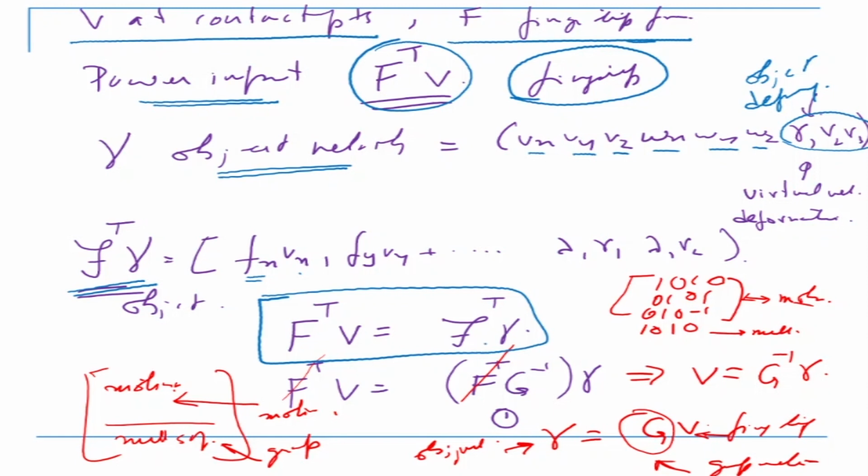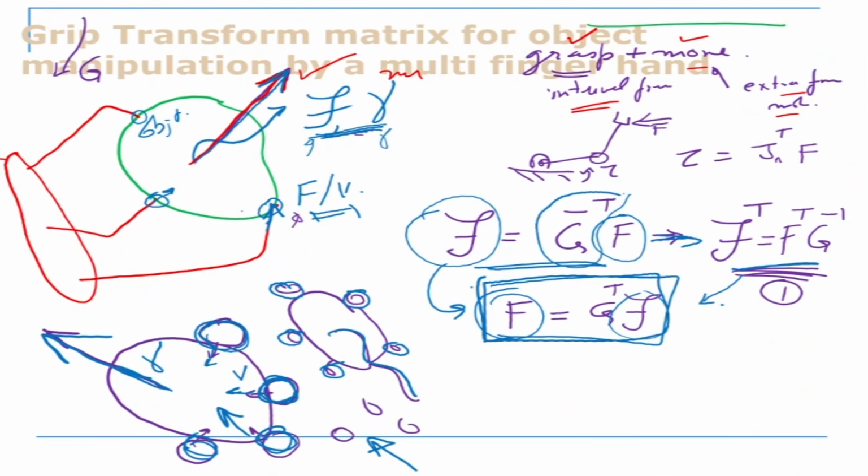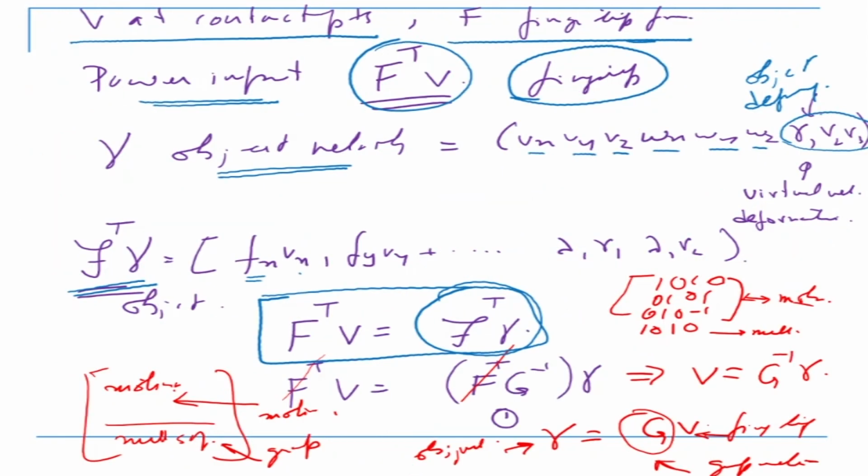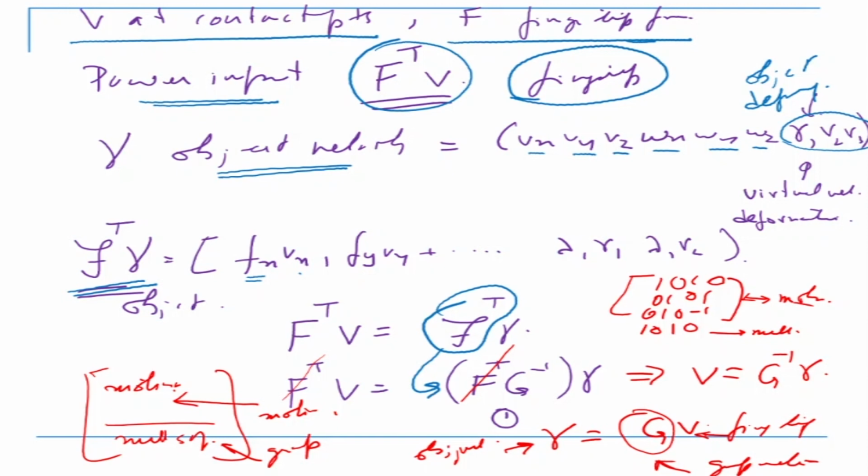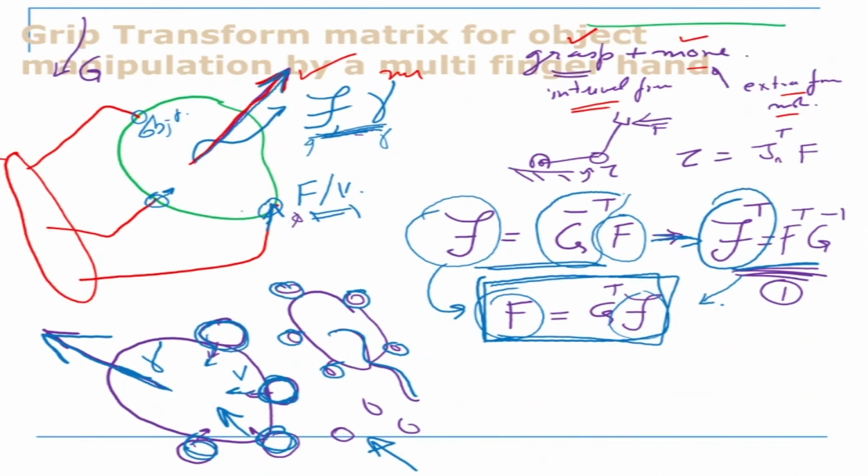So from here, if you remember the earlier equation, F transpose into gamma, and F transpose is equal to F transpose into G inverse. So I put that in here. This part is equal to this. Where did I get that from? From this equation.